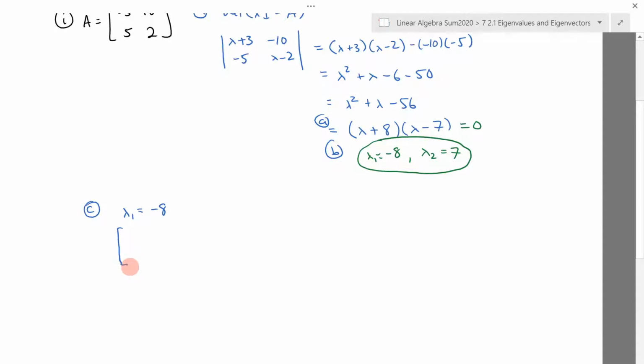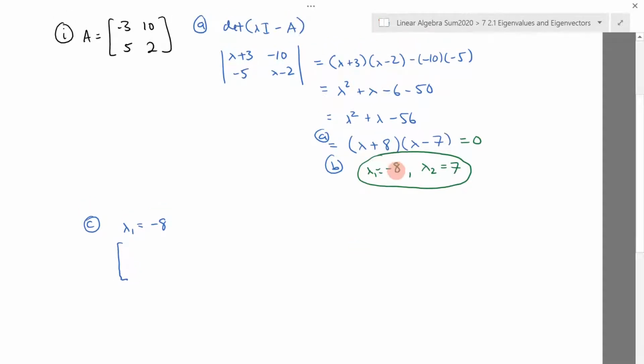What we want to do is take the eigenvalue and plug it into the lambda I minus A matrix, right? So along the diagonal, negative 8 plus 3 is negative 5. 7 gets plugged into here, so 7 minus 2 is 5.